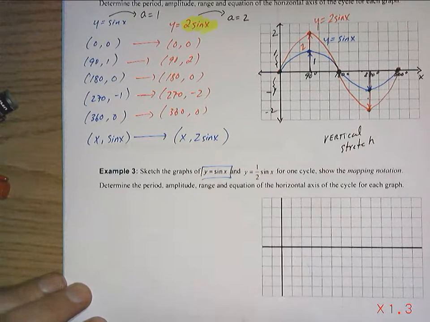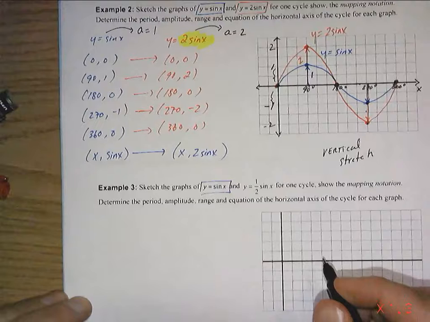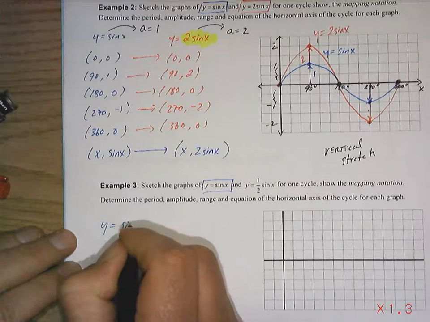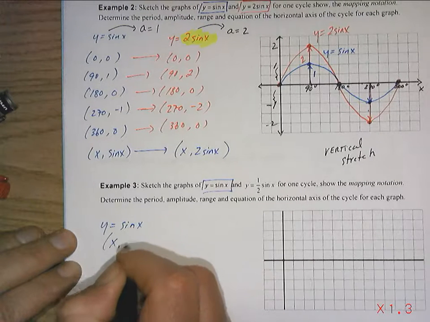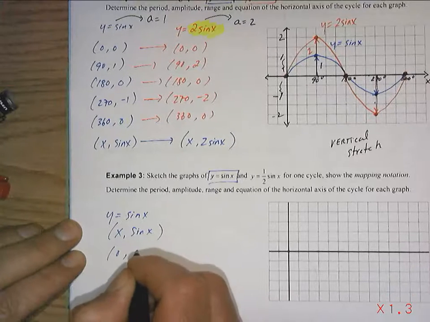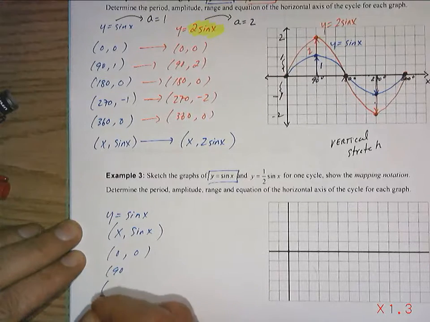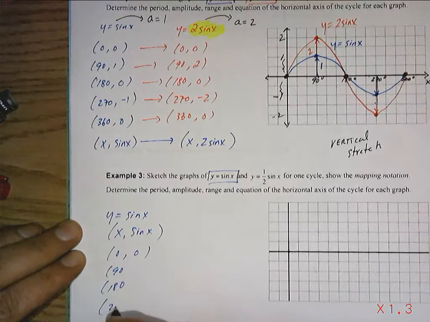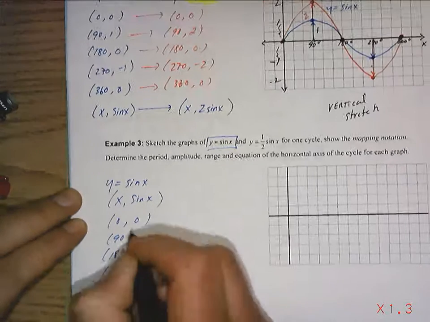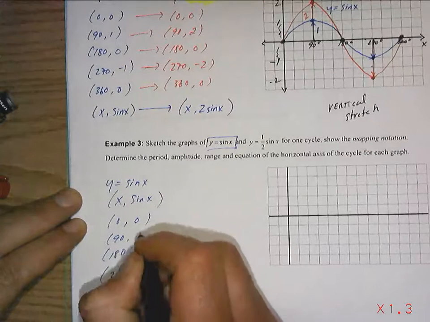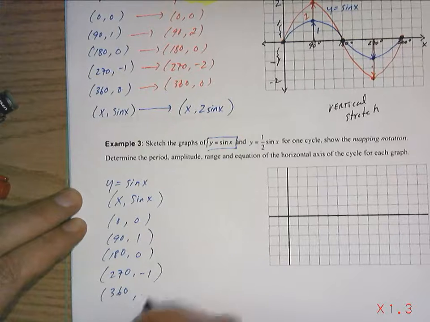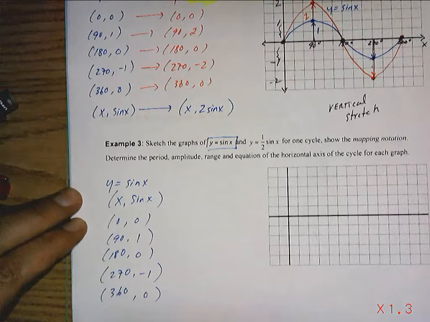Our first curve that we're going to sketch is sine x. Let's take a look at that again. So y = sine x, giving me my important points. It's going to be 0, 90, 180, 270, 360. I find it easier just to write them out. And then we're going to go from 0 to 1, back down to 0, to -1, to 0 again.